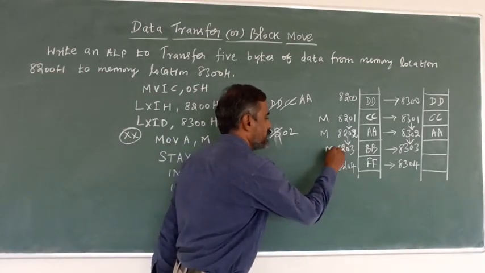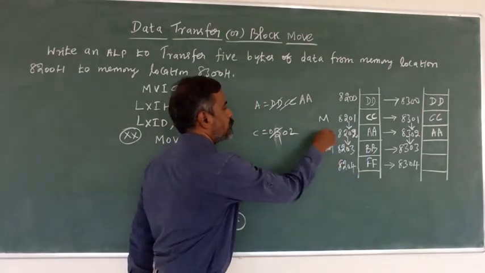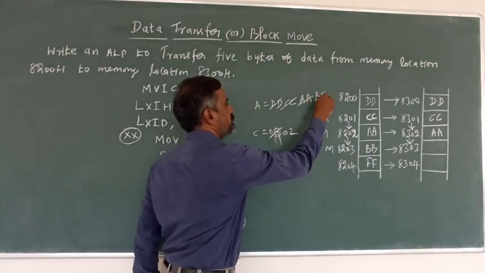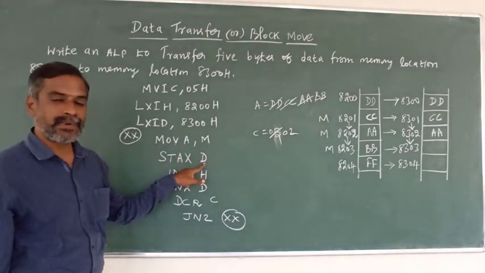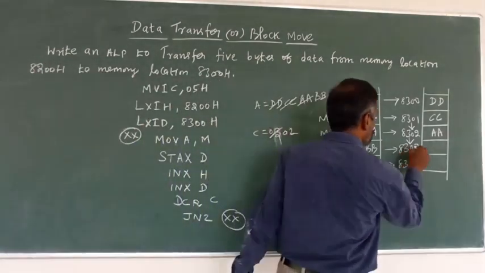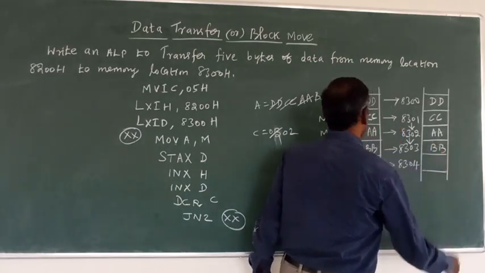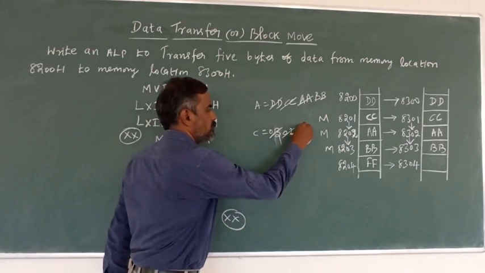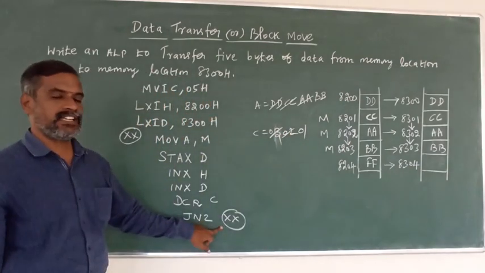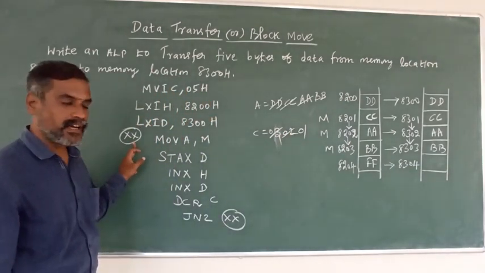Now the accumulator holds BB. The BB data is stored at the given DE register pair address 8303. Next decrement C, now C equals 01. Now check whether it is 0 or not. Not 0. Again jump to here.